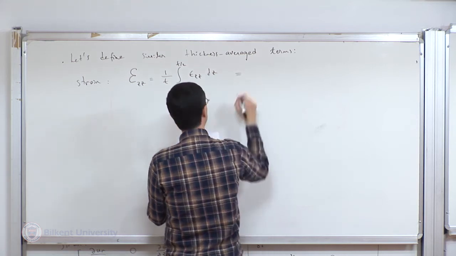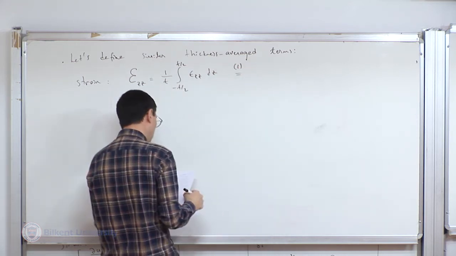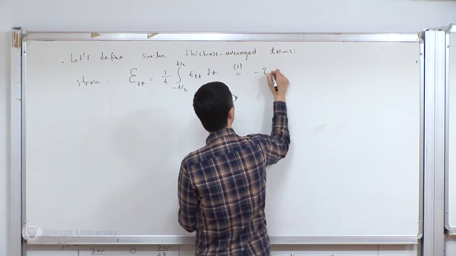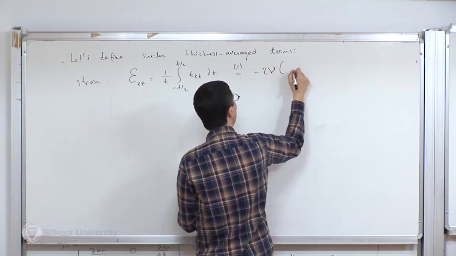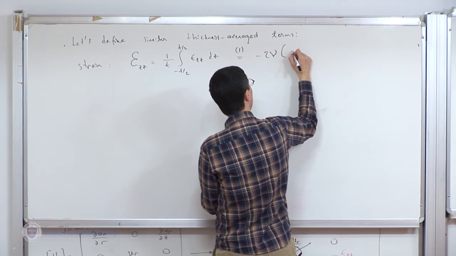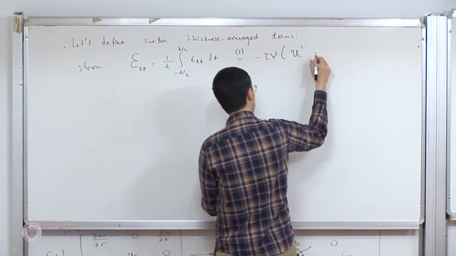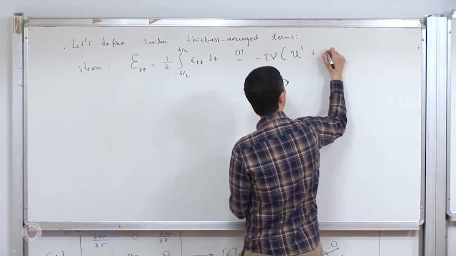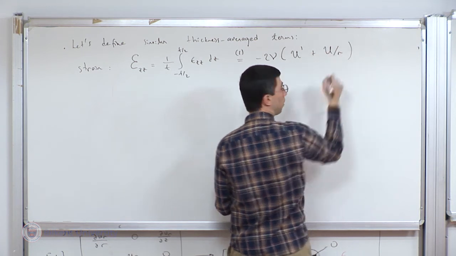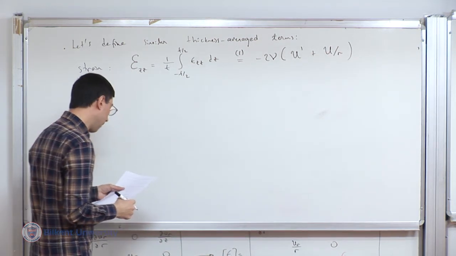And that is from equation 1, minus 2 nu times u r comma r, now that becomes u prime, and then u r over r, which only becomes u over r because I do the averaging.